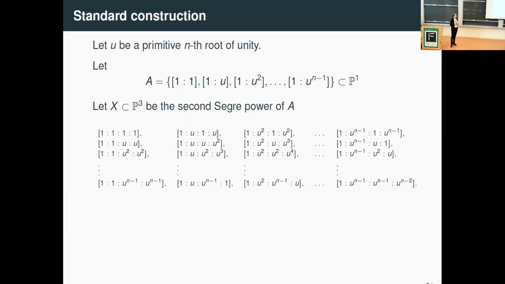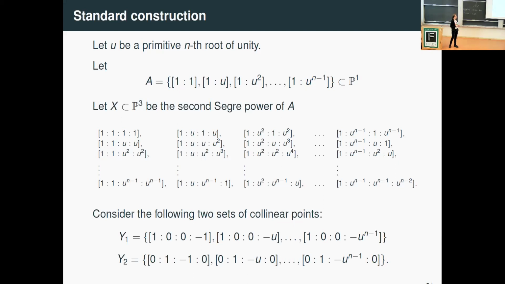We multiply them, and we get 4 by 4 matrices by multiplying every point from A with every point from A. And we write these matrices as row vectors. So these are all the multiples of row vector matrices from A. And we consider the set Z to be the set of all these points, plus two other sets of points, y1 and y2, which are sets of collinear points.